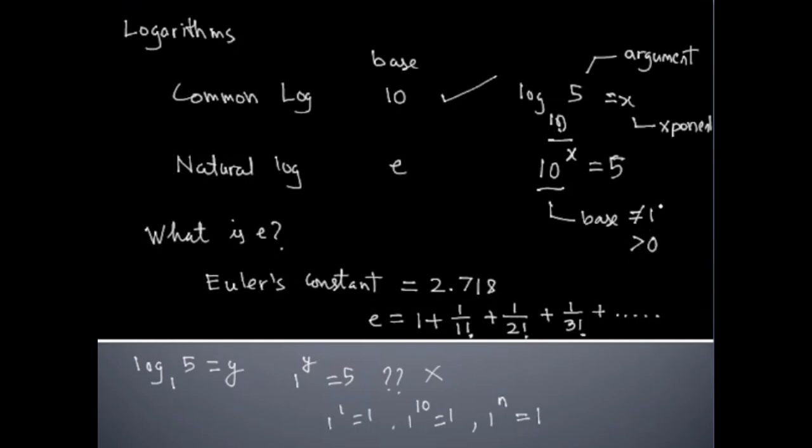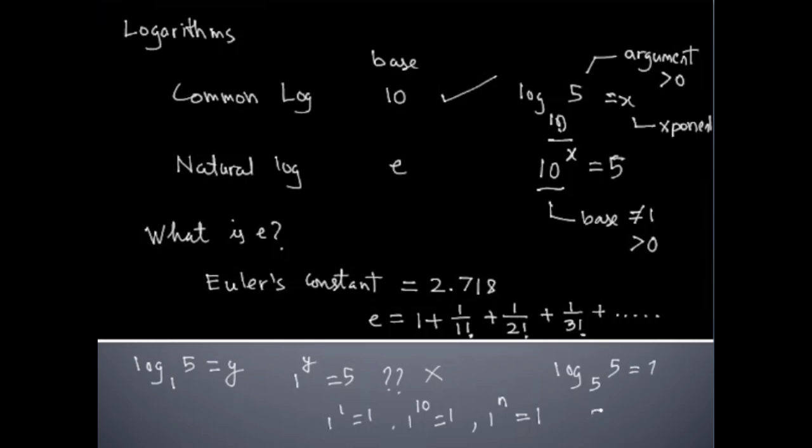Similarly, the argument is also greater than 0. And the exponent, any base raised to the power 0 is 1, so it might be a possibility. If you have log base 5 of 5 equals what?